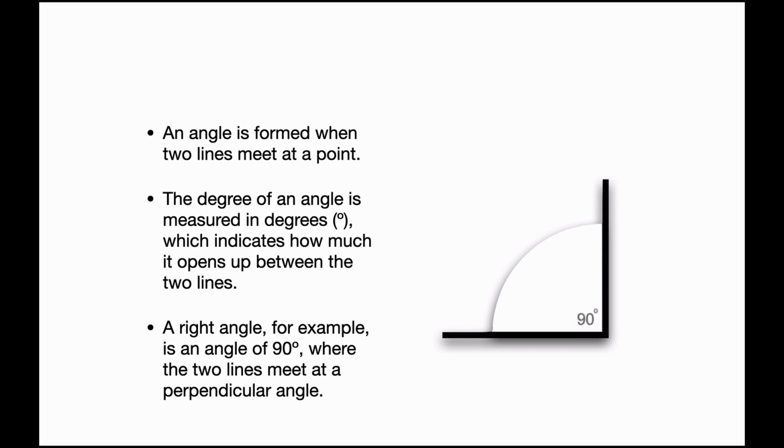An angle is formed when 2 lines meet at a point. The degree of an angle is measured in degrees, which indicates how much it opens up between the 2 lines. A right angle, for example, is an angle of 90 degrees, where the 2 lines meet at a perpendicular angle.